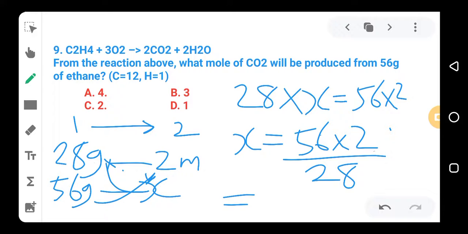This will give us that x is equal to 4. So the correct answer is A. We are going to produce 4 moles of CO2 by using 56 gram of ethane.